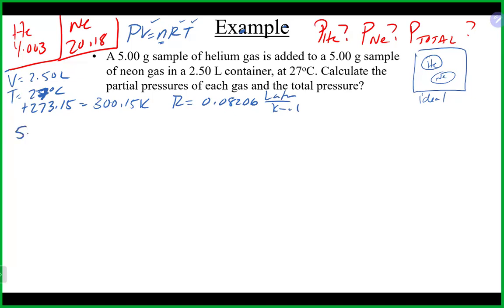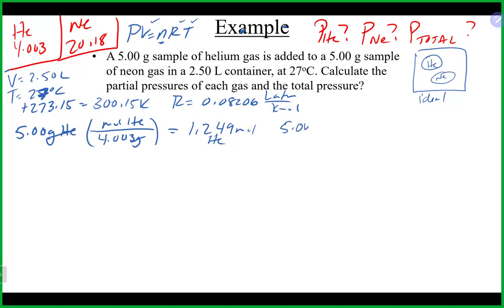So we'll take our 5 grams of helium. We'll go to the periodic table and use the molar mass of 4.003 grams per mole of helium. The grams will cancel. That gets us 5 divided by 4.003, which is 1.249 moles of helium. We'll do the same thing for our neon.